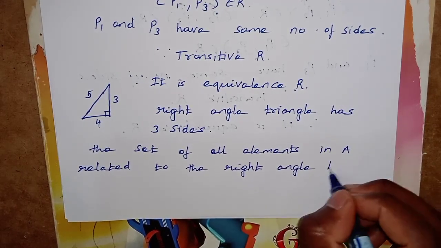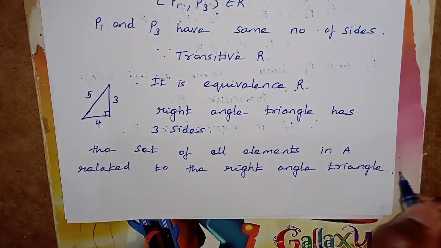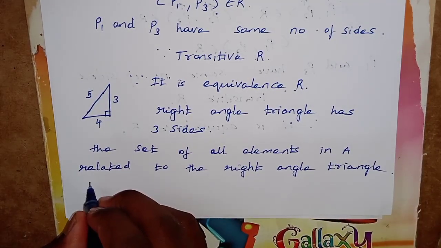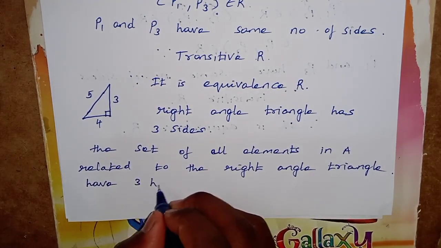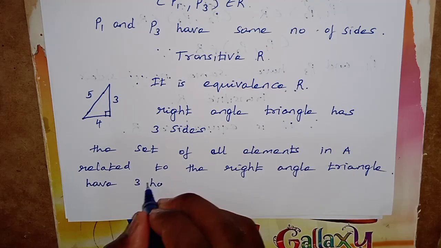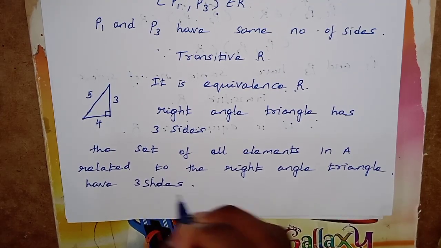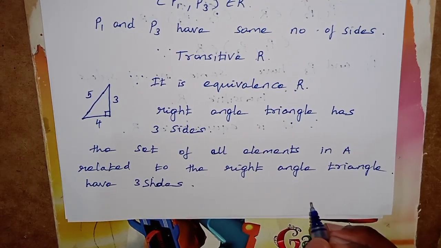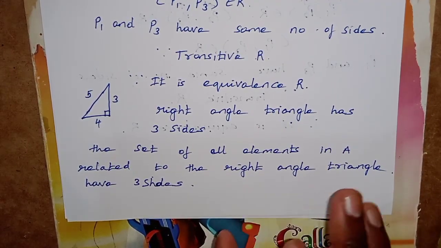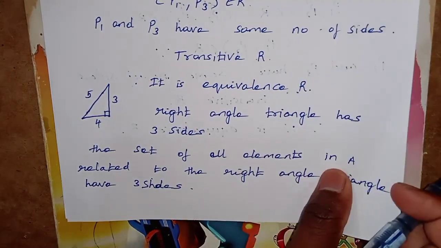Right angle triangle has 3 sides. Okay. I hope you have understood question number 13. Therefore, question number 14.